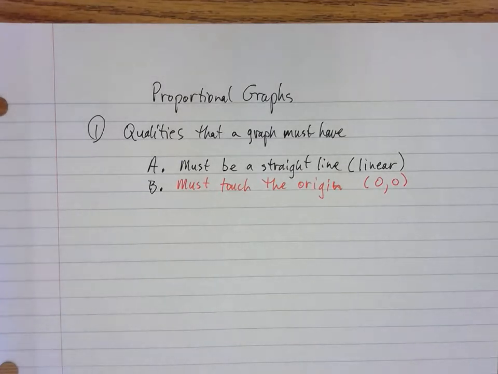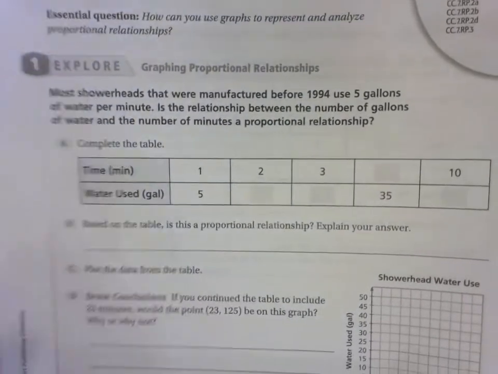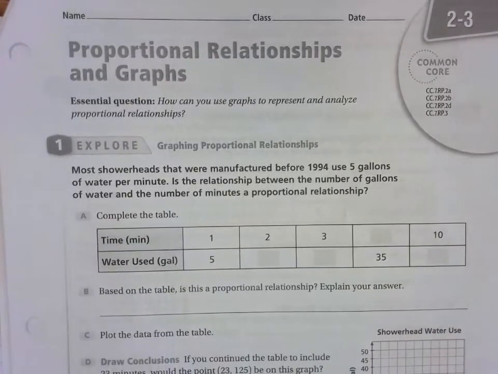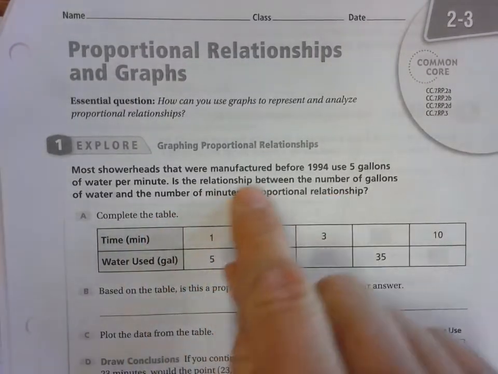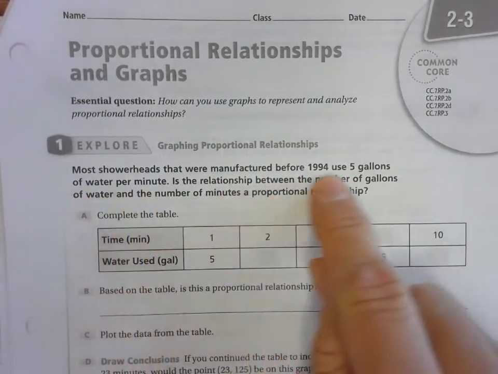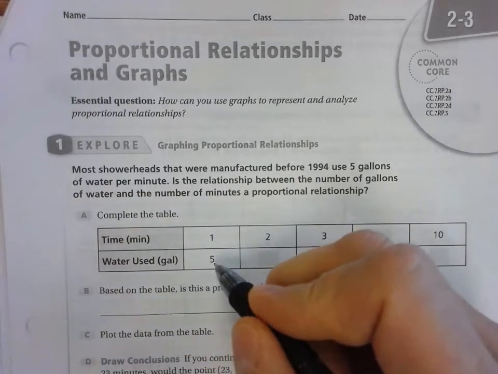So once you've got it worked out and you've got your table, we're going to talk about the graph. So you might have this in your little packet there, the one that says proportional relationships and graphs. So we're going to take a look at this for just a minute. Alright, so this is about water usage. Back before 94, shower heads used 5 gallons of water per minute. So in 1 minute it used 5 gallons.